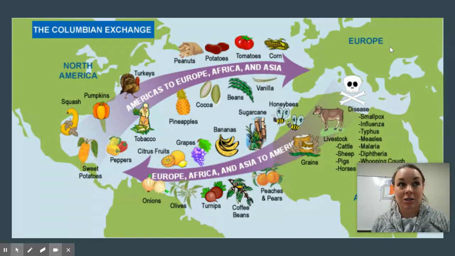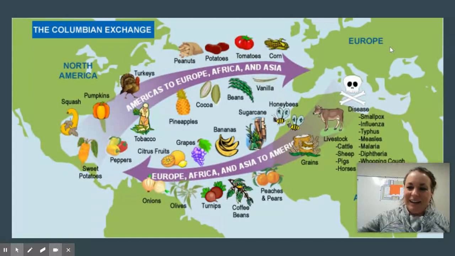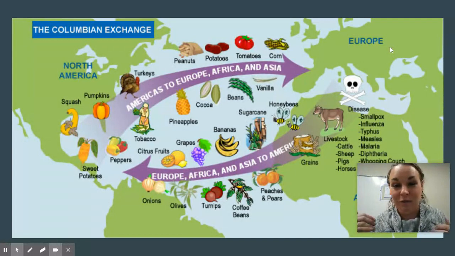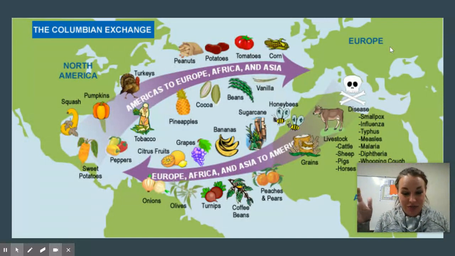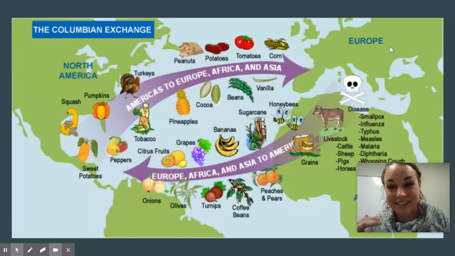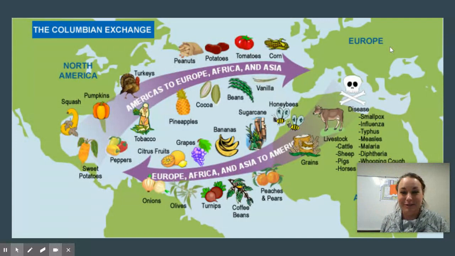It was a Spanish explorer that landed in Florida, and I can't remember how many, I want to say he had a dozen or so pigs on his ship, and he let them loose once he landed in Florida. And honestly, every single one of our pig breeds stems from those pigs that were originally let loose on the Florida peninsula by the Spanish explorer.